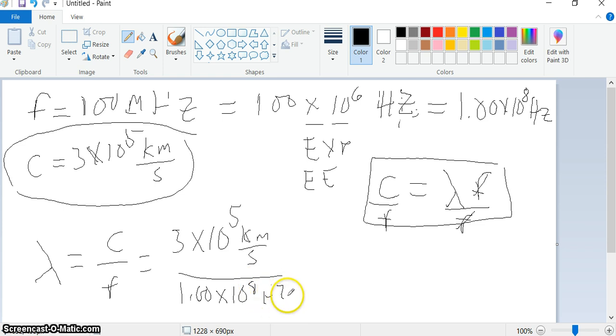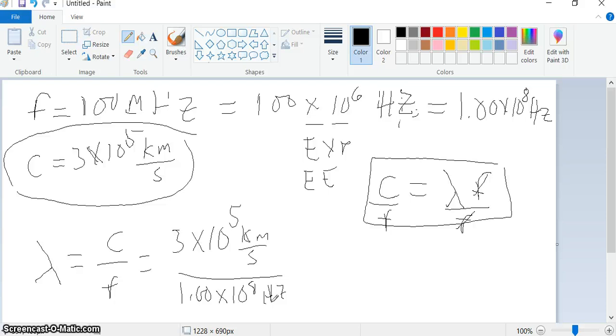All right, so get your calculator out. Again, you want to make sure that you use the EE button. So here's what I'm pressing on mine. I know it's not appearing on the screen, but 3, and then I have a Texas Instrument, so I hit Shift EE to the 5th divided by 1 Shift EE to the 8th.